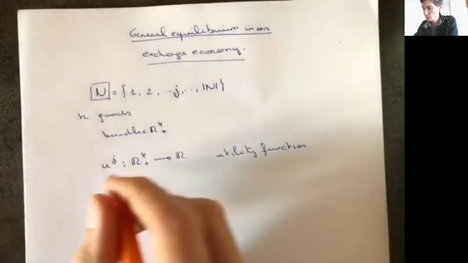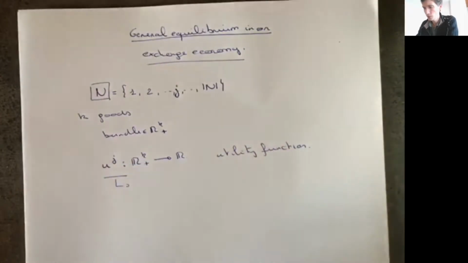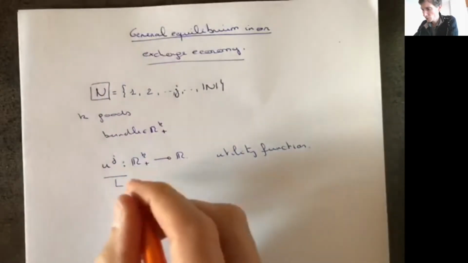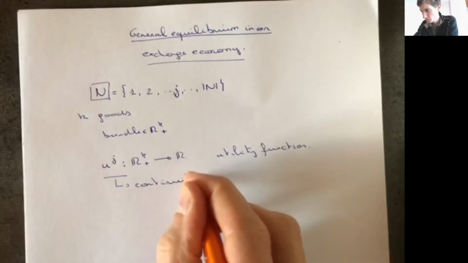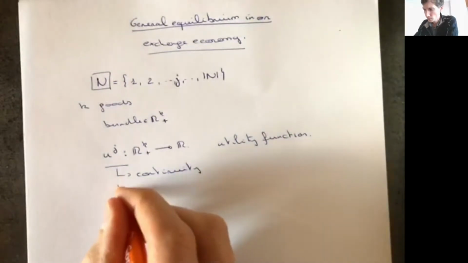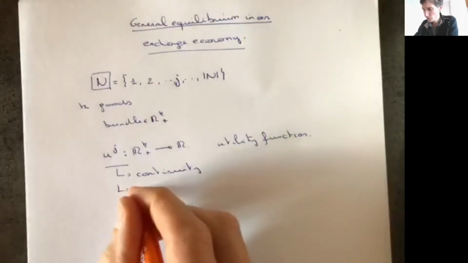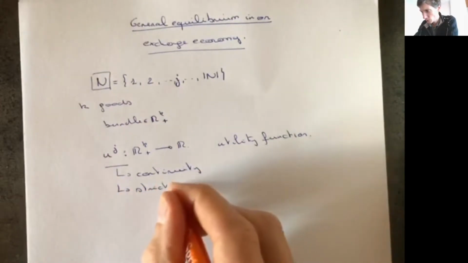What are we going to assume? We're going to assume that these utility functions satisfy some properties. First of all, we're going to assume continuity. Then we're also going to assume strict quasi-concavity.